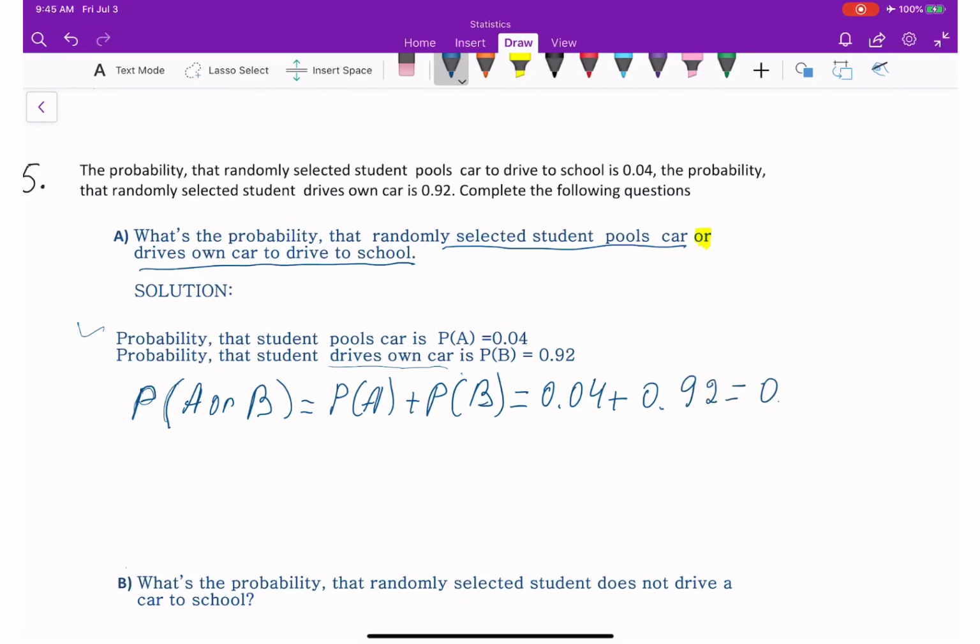And we get 0.96. So 96% is a chance that the student pulls a car or drives own car.